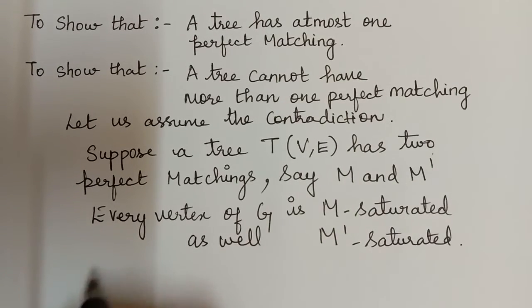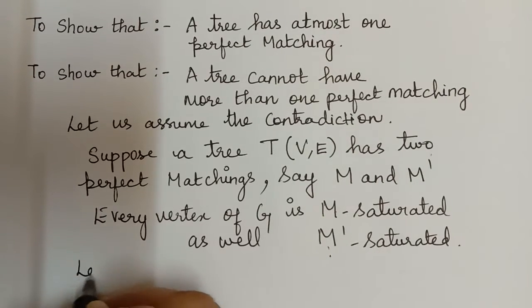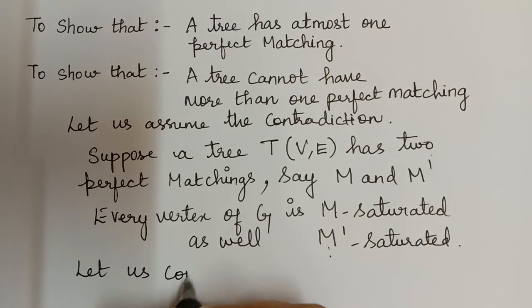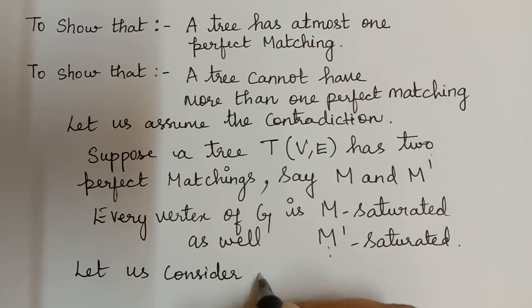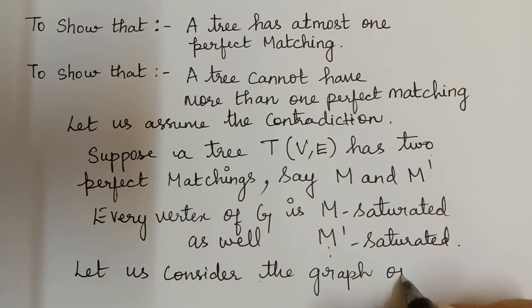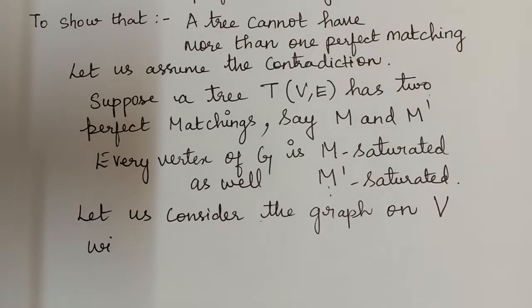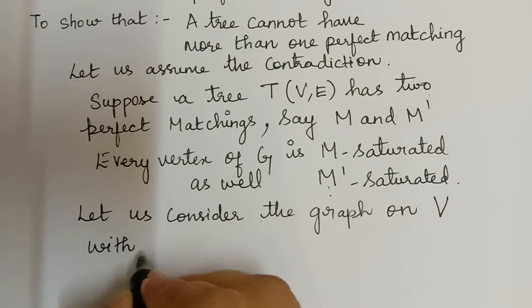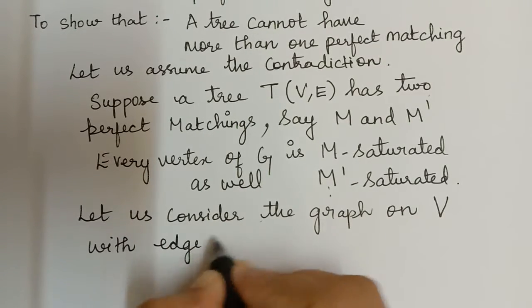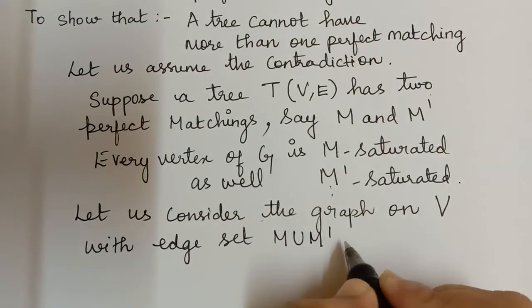Now let us consider the edge set M union M dash, and let us consider the graph constructed by M union M dash. So the graph will be on the vertex set V with the edge set M union M dash.